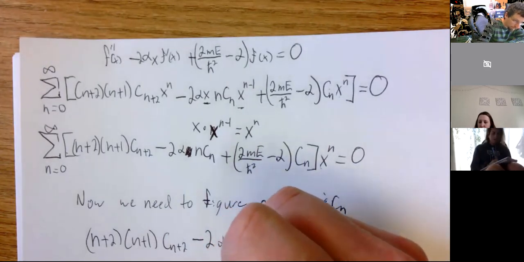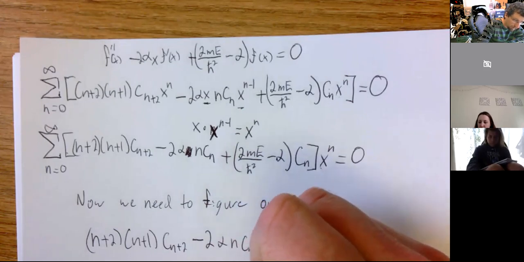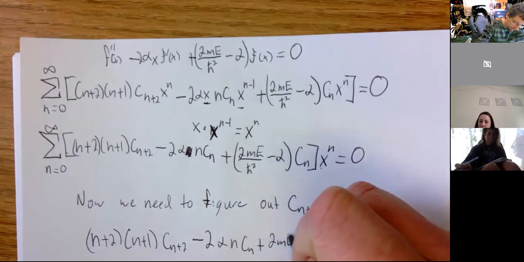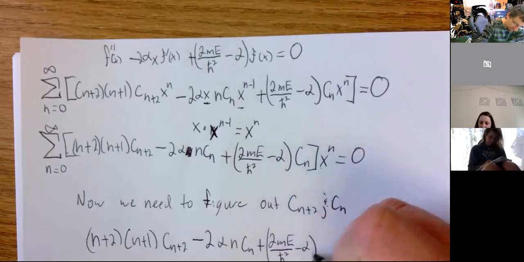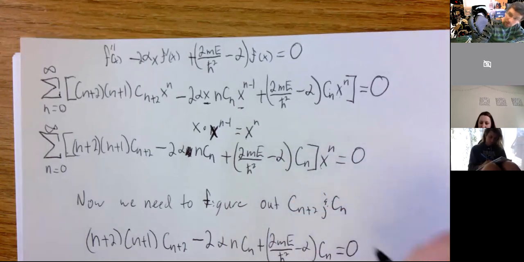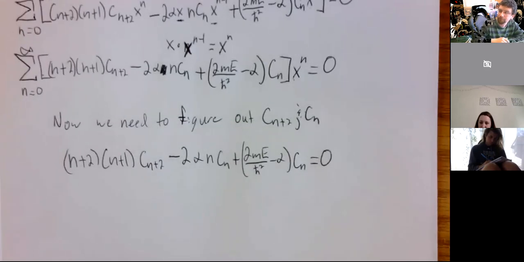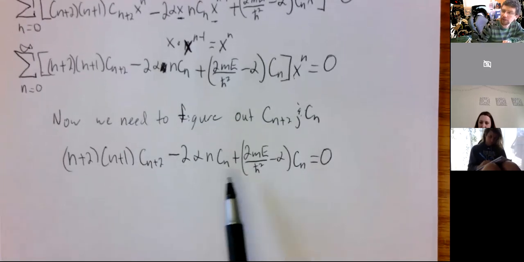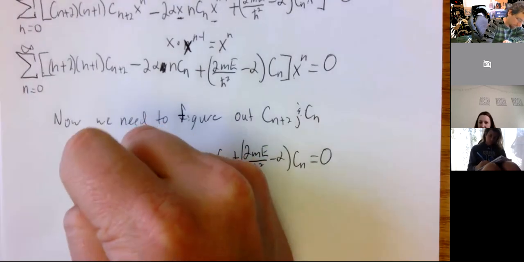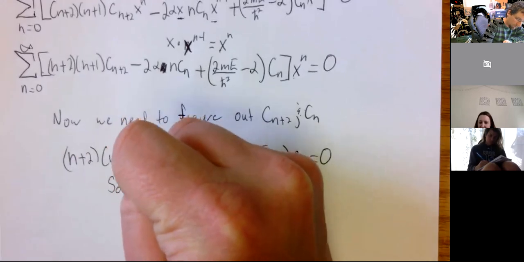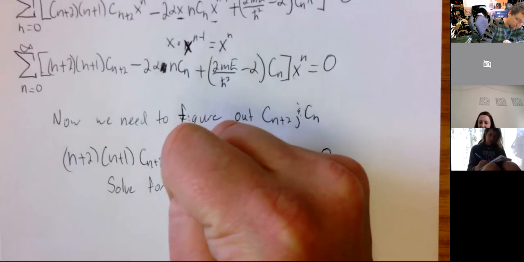We end up with alpha n Cn plus 2mE over h bar squared minus alpha Cn all equal to 0. So now we're going to take this and solve for Cn plus 2.